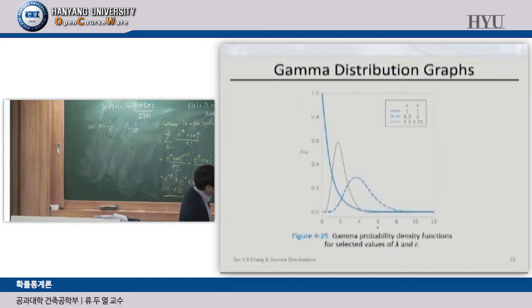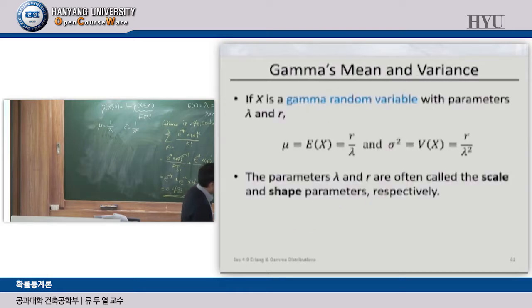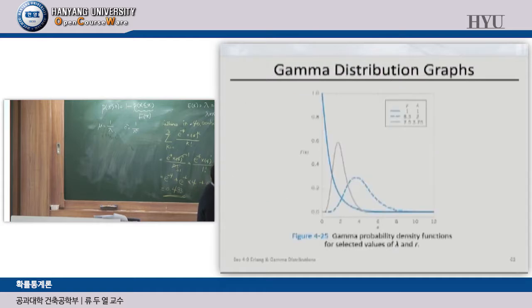Sorry, r is the shape parameter, right? So in this case, when we change the value of r from 1 to 8.3, the shape of the gamma probability density function is changed, right?